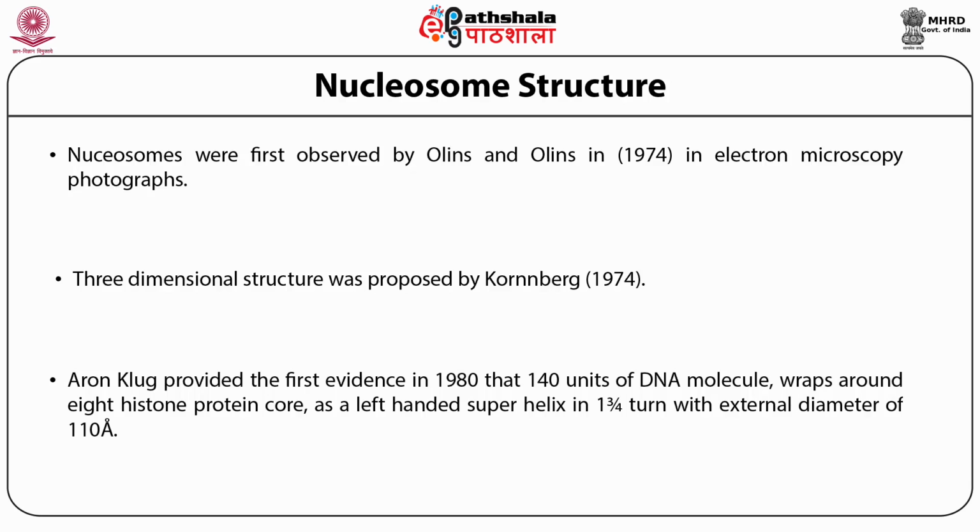Aaron Klug provided for the first time the evidence that 140 base pairs of DNA molecule wrapped around an 8 histone protein core as a left-handed superhelix in 1 and 3/4 turns with an external diameter of 110 angstrom.